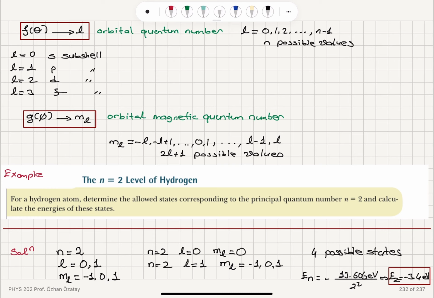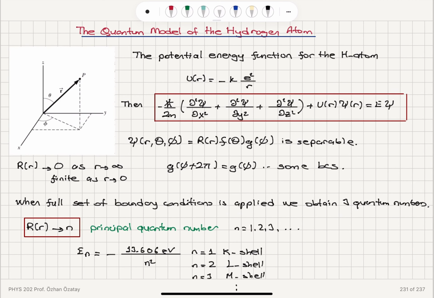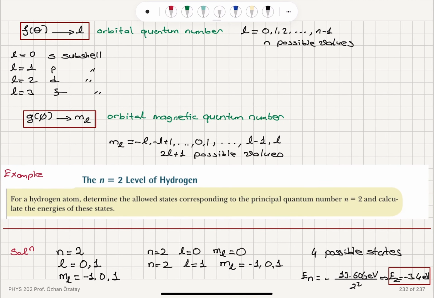And remember that n equals 1 is the K shell, so n equals 2 is the L shell, and L equals 0 is the S subshell, L equals 1 is the P subshell.